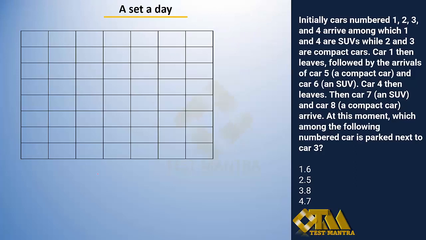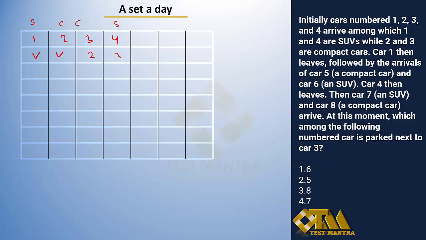We have identified that initially car numbers 1, 2, 3 and 4 arrive, among which 1 and 4 are SUVs. So let's take 1, 2, 3 and 4 were there. Where 1 and 4 were SUVs, I'll just mark them SUVs, while 2 and 3 are the compact cars. Car 1 then leaves. So if car 1 is leaving, there should be 2 vacant places.